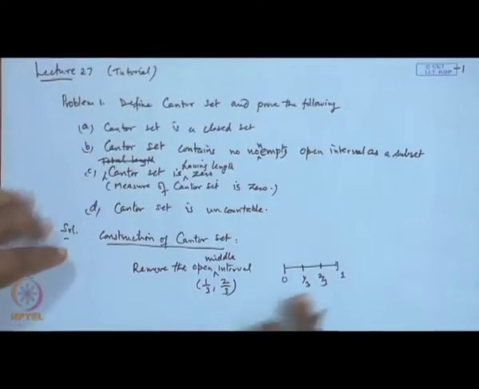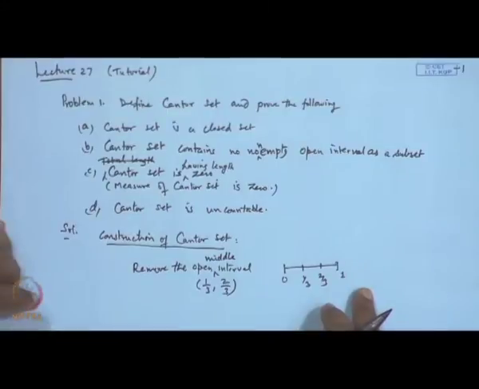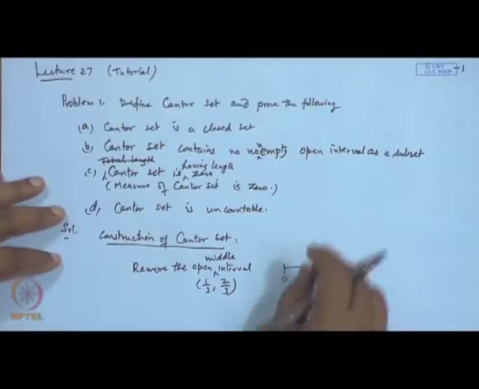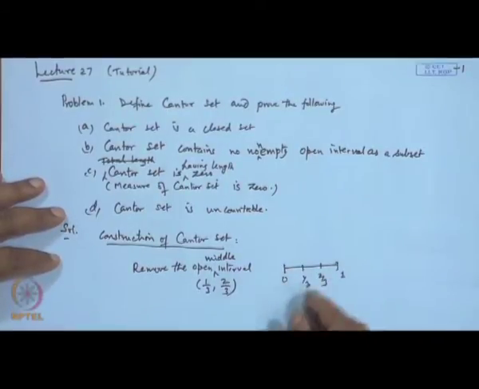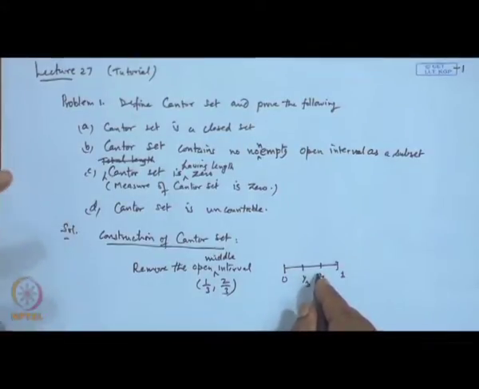So, we divide the closed interval [0, 1] into 3 parts and remove the middle open interval.